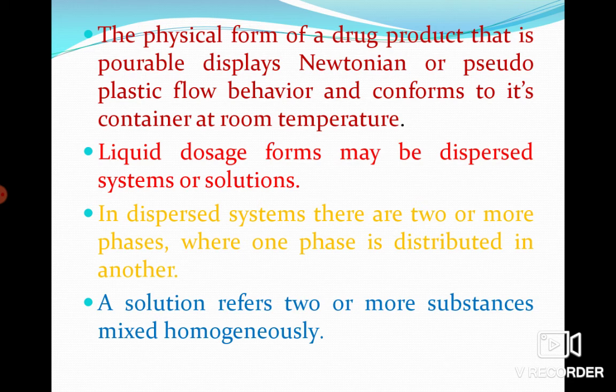If we talk about liquid orals, the various steps involved in the pilot plant are, firstly, reporting responsibility, who will be responsible for making the particular formulation, personnel requirements, what type of personnel are required, and what type of space is required for making the formulation.